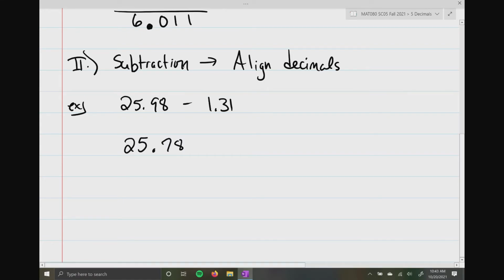So I just try to write as neat as possible. And I just subtract. Put my decimal first. 8 minus 1 is 7. 9 minus 3 is 6. The decimals are already lined up. 5 minus 1 is 4. 2 minus 0 is 2. So 24.67.